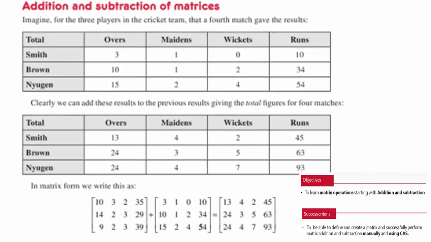Now, when we want to do addition and subtraction of matrices, it's the same as if you had 2 tables and you went and recorded each individual match, and you recorded the first one, then you had another record for the second one, and another record for the third one.